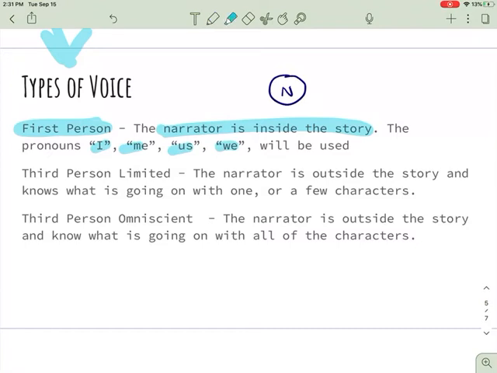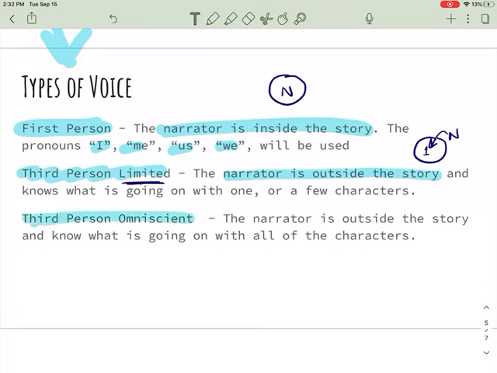That is first person. We have third person limited. All right. Narrator is outside the story, and they know what's going on with one, maybe two, three characters. All right. So you have the story, and the narrator knows what's going on with one person, basically, one of the characters. And then, of course, we have third person omniscient.